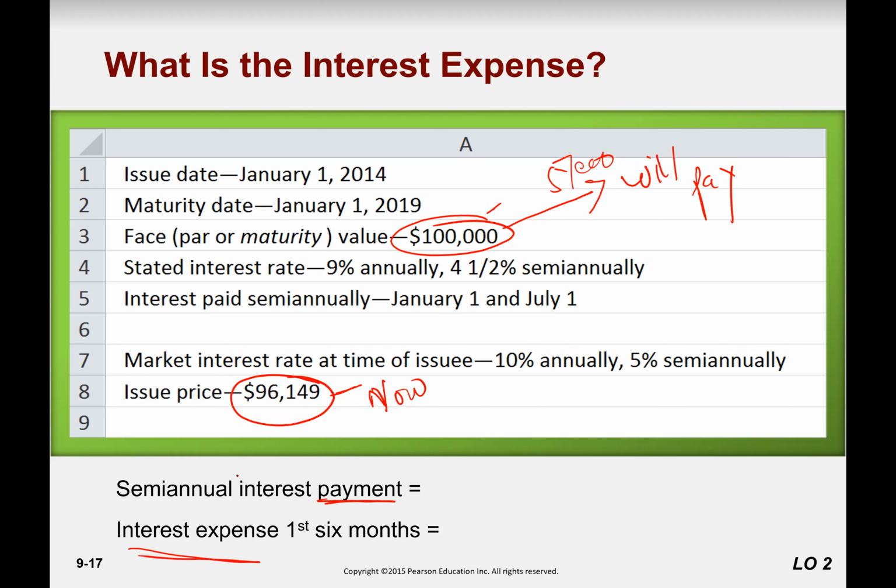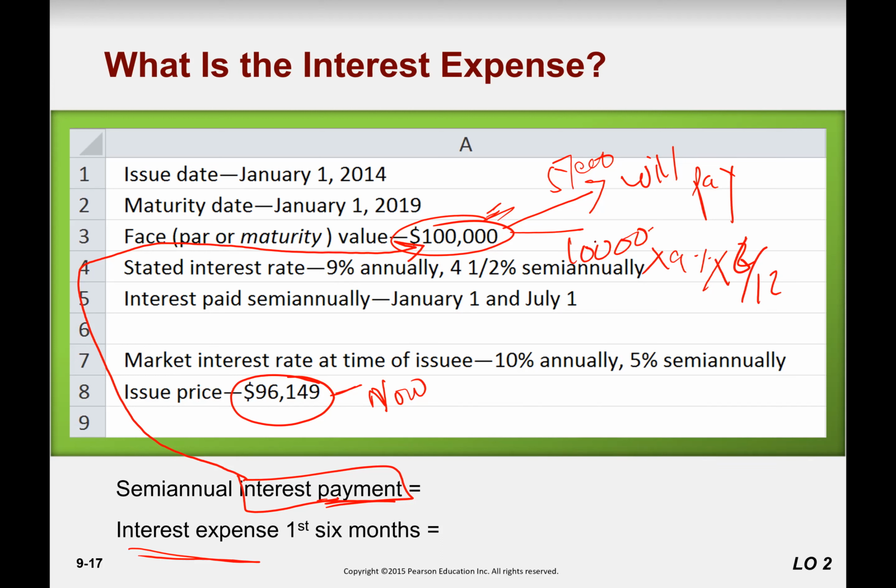Interest payments are always on the promise, and the promise is that interest payment would be the stated rate on the face value. So interest payments are based on face value: 9% multiplied by 6 by 12 multiplied by this 100,000. That's what the company promised to pay. And interest expense is based on the market value and the market interest rate.